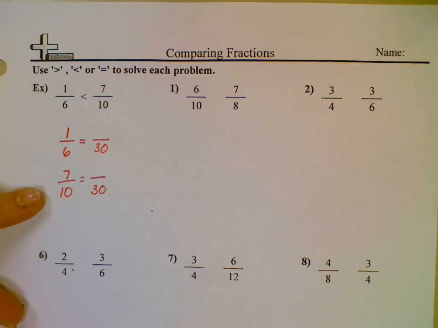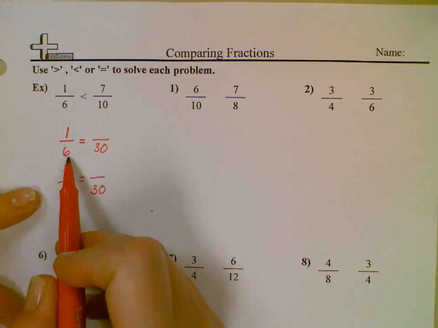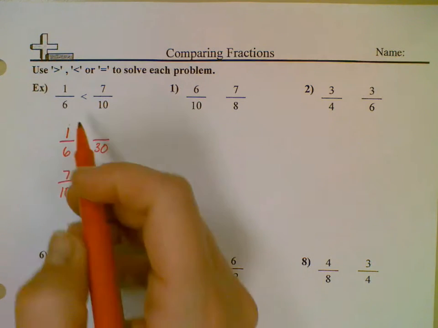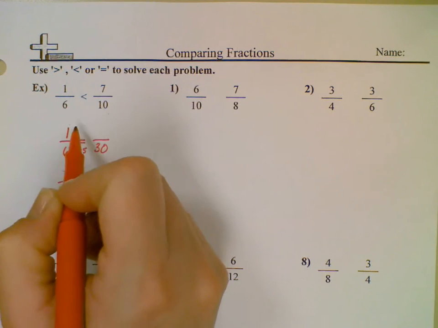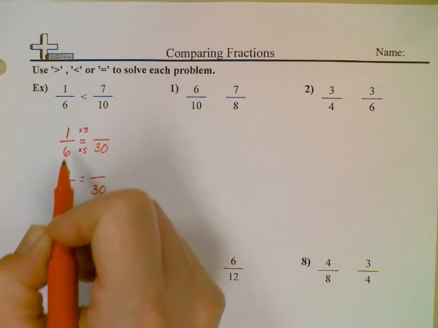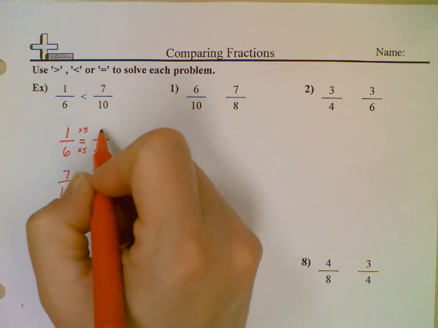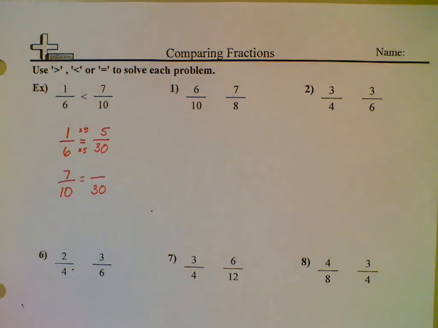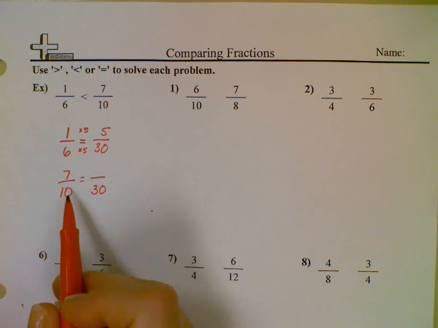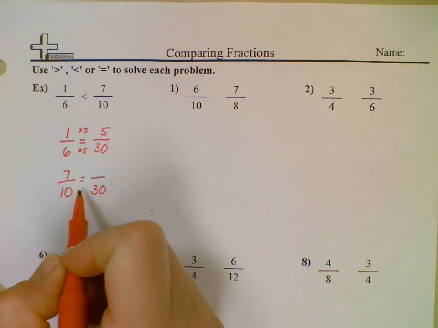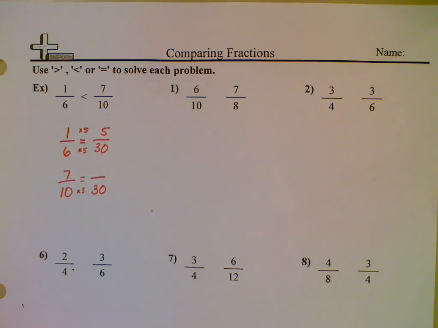So I'm going to change both of my fractions into 30ths. I turn my 1/6 into 30ths by multiplying by 5 on the bottom. Therefore, I've got to do the very same thing to the top. So 1/6 is the same as 5/30ths. For my 7/10, I turn 10 into 30 by multiplying by 3.